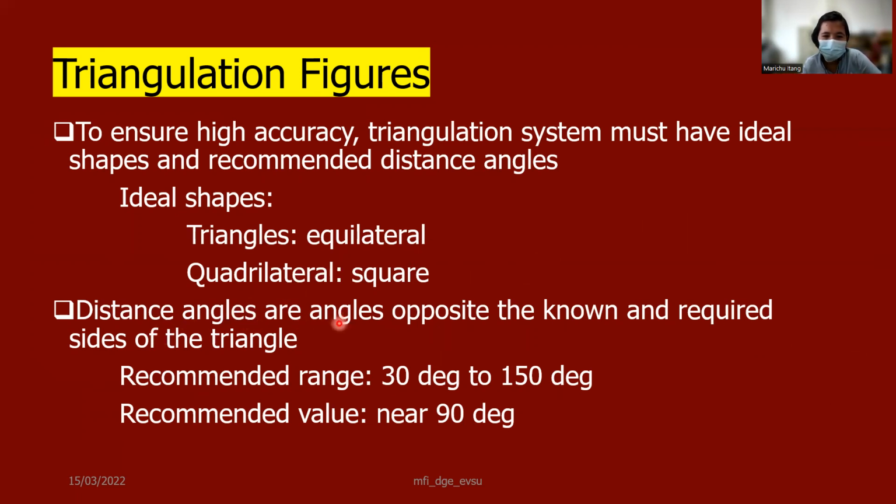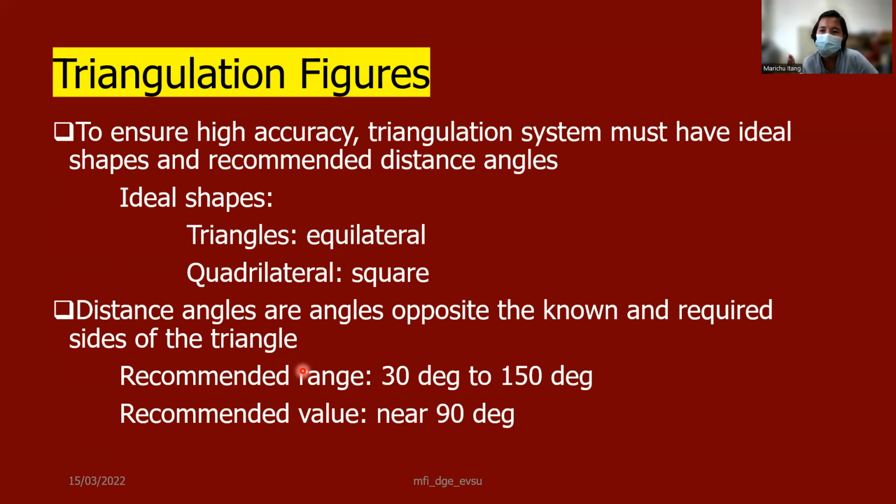So distance angles are opposite of known sides required of the triangle. So the recommended range is 30 to 150 degrees yung value. Less than 30 degrees na reading ng angle is not advisable. It is because during the computation, pag nag-i-employ tayo ng sine law, it really differs the value pag nag-change.